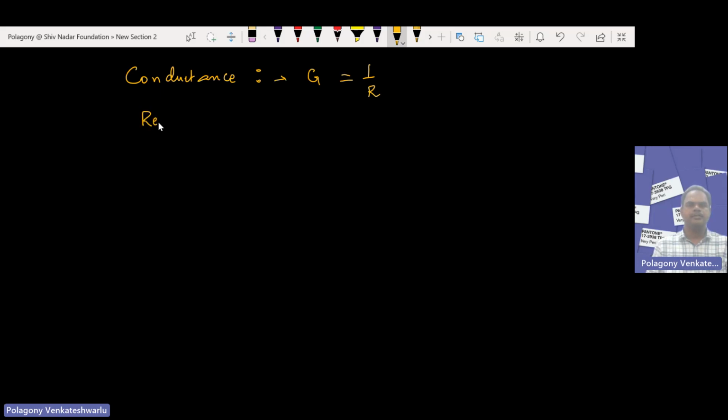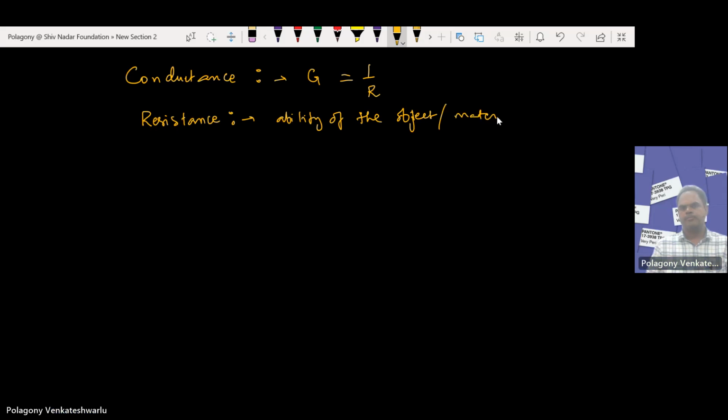Then what is resistance? Resistance can be defined as the ability of a substance, object or material to oppose the free flow of electrons or ions.